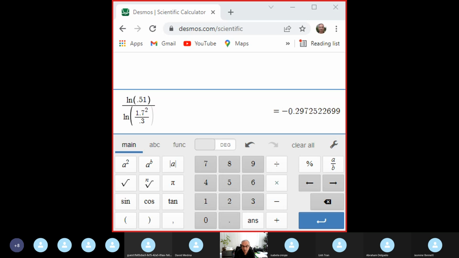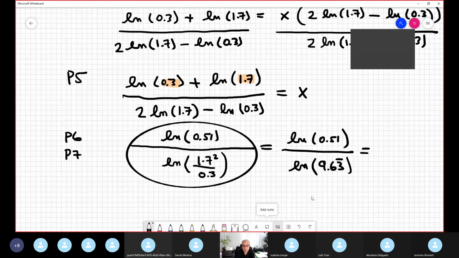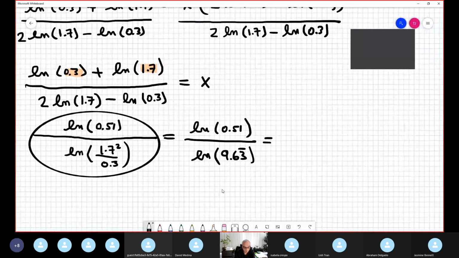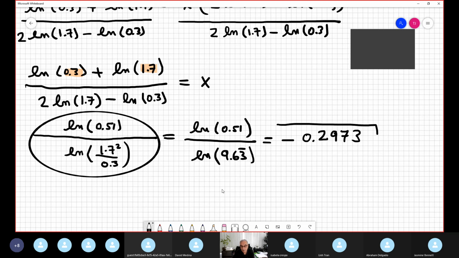Okay, come back to the whiteboard. The answer is negative 0.2973. Makes sense?